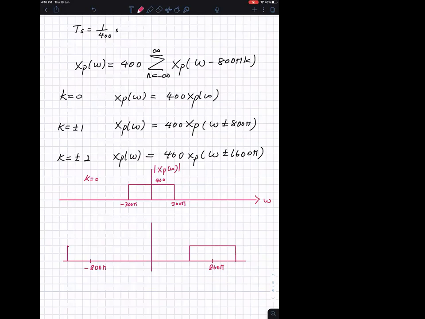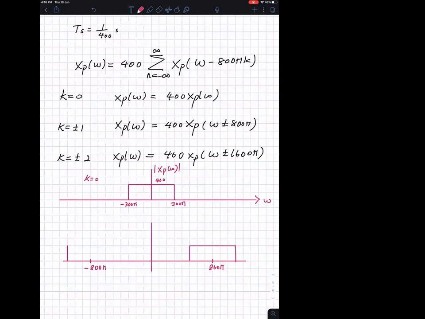Sir, the 300 won't be 400, sir. 300, negative 300 pi, right? Yeah, for everything, it will be 300 only, sir.